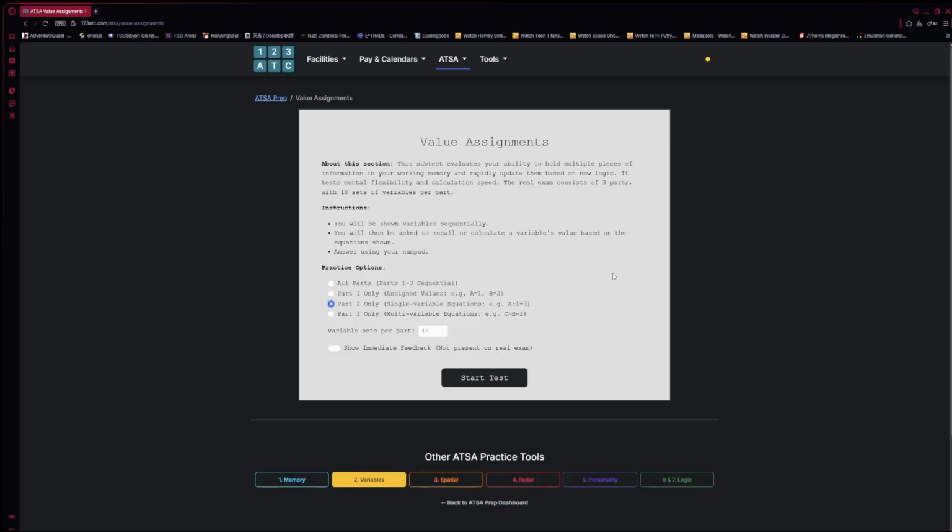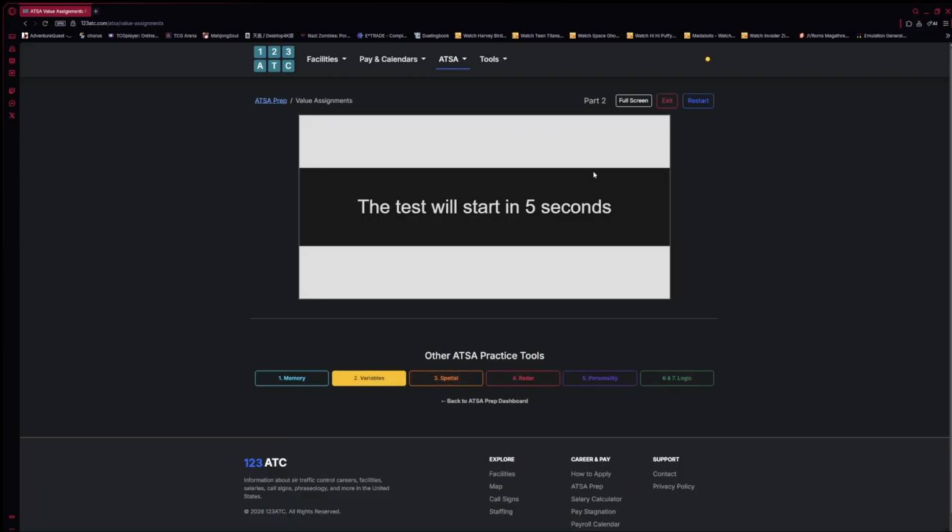The harder ones are these, where an equation will show up. A equals B plus 3, B is 1, so A would be 4, and then C equals 4, A is 4, C is 1, B is 1.